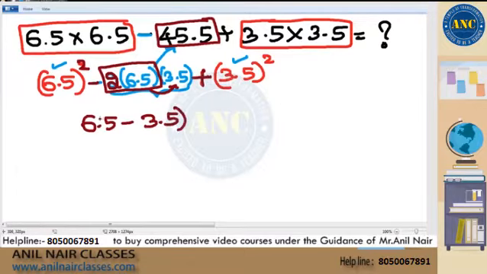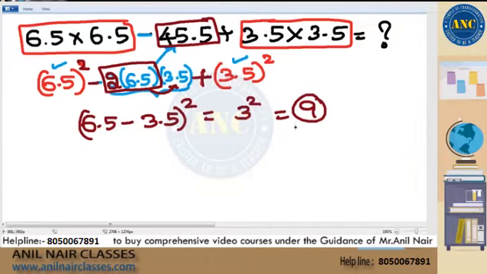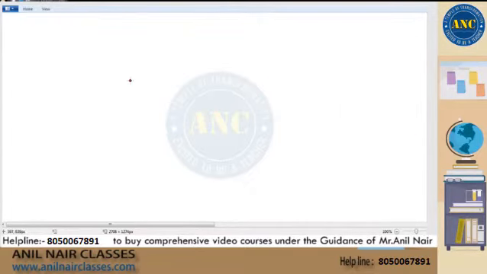So it is 6.5 minus 3.5 whole square, which is 3 square, and the value of 3 square is 9. So these kinds of questions are another variety of questions which can be given in your examinations. Most of the time they will not give such easy questions, but we will understand easy questions initially.